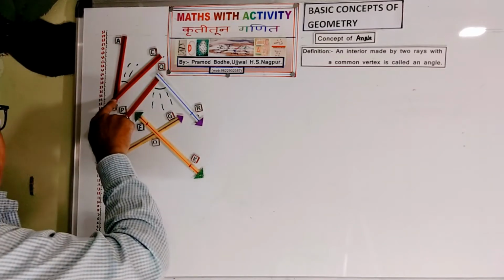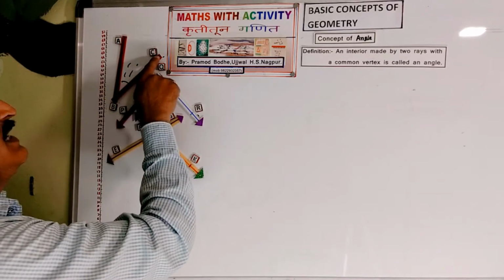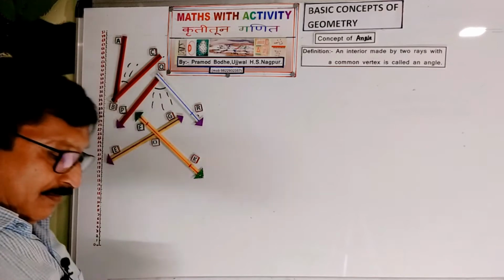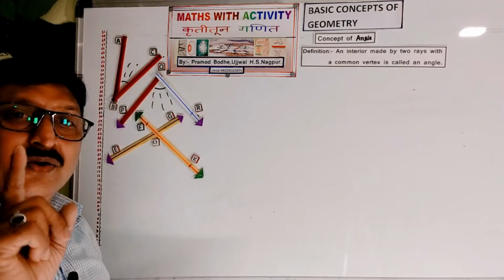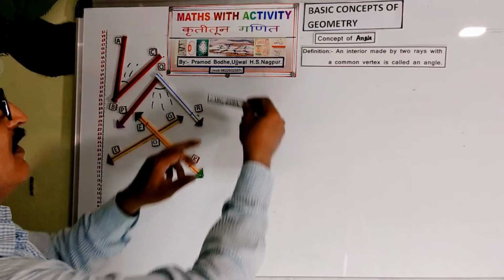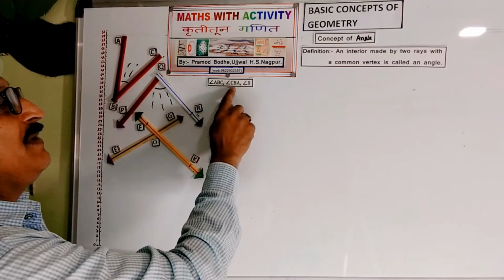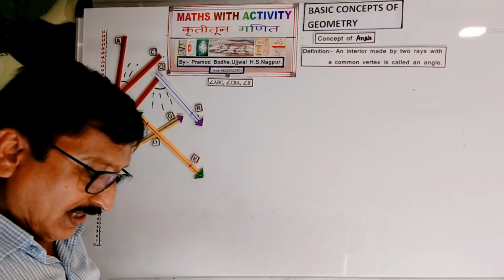The vertex is B, so I will have to start from this point: A, B, C or C, B, A. But at this point B, there is only one angle, and therefore the name of this angle can be written in such a way: angle ABC or CBA, reversely, or with the help of the single vertex we can write.